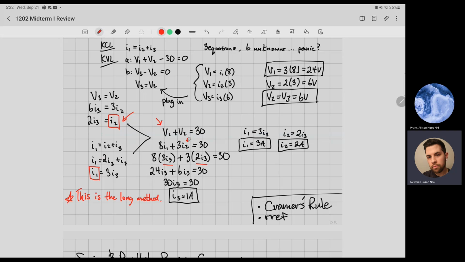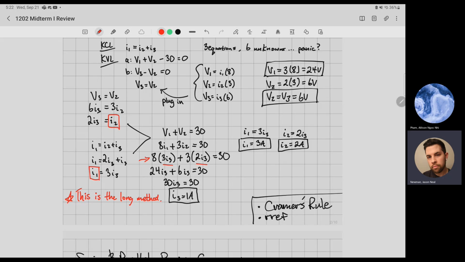And then you plug in what I1 is right here, so you have 8 times 3I3. Now I3 is your only unknown in this exact equation. So once you simplify all this math down, you're going to have I3 is equal to 1 amp.